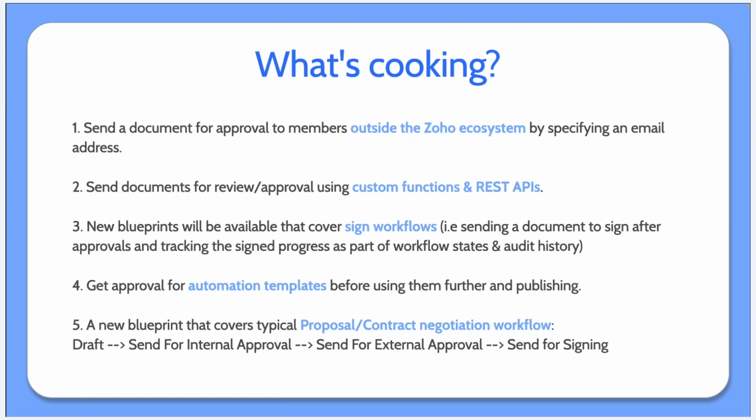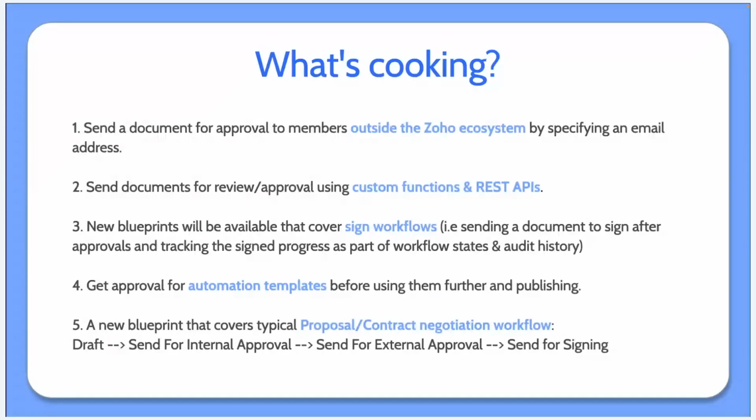And before making use of mail merge templates, fillable templates, or sign templates, there are automation templates within Zoho Writer. You may want to get approval from a supervisor or manager. With this feature, you can set up an approval workflow that ensures these templates meet the required standards before they can be used. And the last one: in many businesses, proposals and contracts go through a negotiation process involving multiple teams and stakeholders.